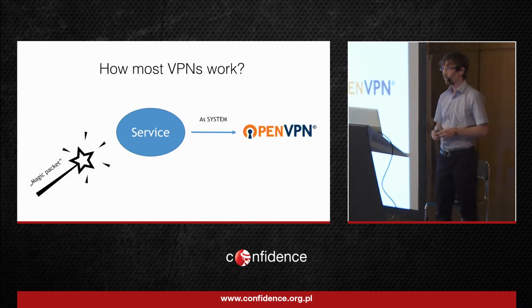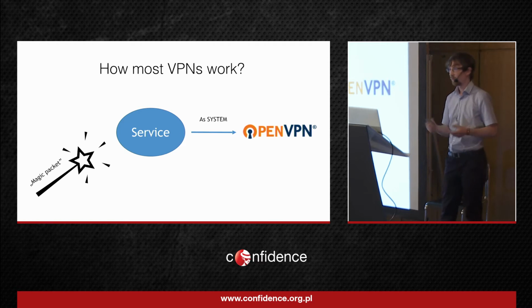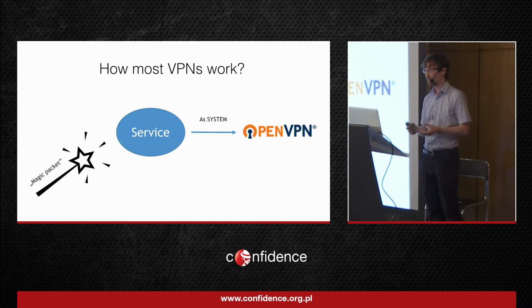Under the hood, this client sends some magic packet to the service. And this service is running as system. And this service is running OpenVPN in the background. OpenVPN is open source software. So I started thinking, okay, why are they running some open source software in the background?